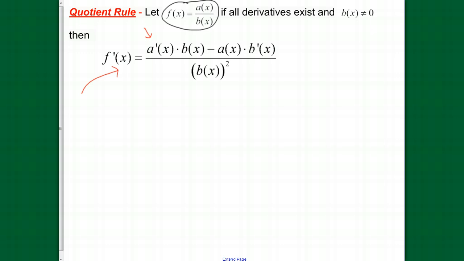Then you subtract the numerator function multiplied by the derivative of the denominator. All of that is over the denominator squared. This is the quotient rule. You need to know this pattern. In order for it to work, the derivatives have to exist, and the denominator function obviously can't be 0, because then we'd be dividing by 0.